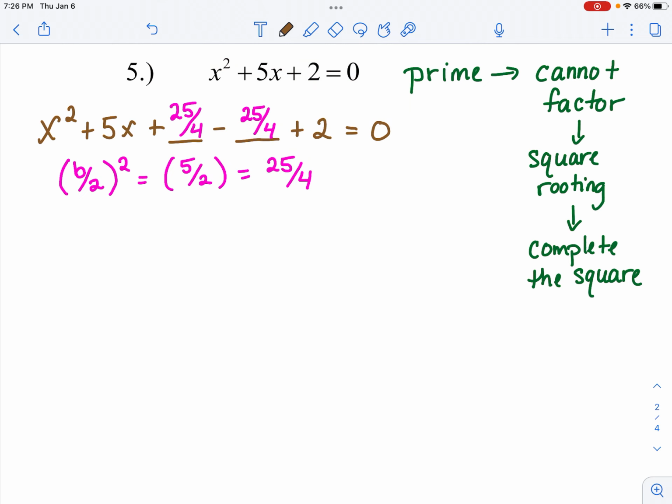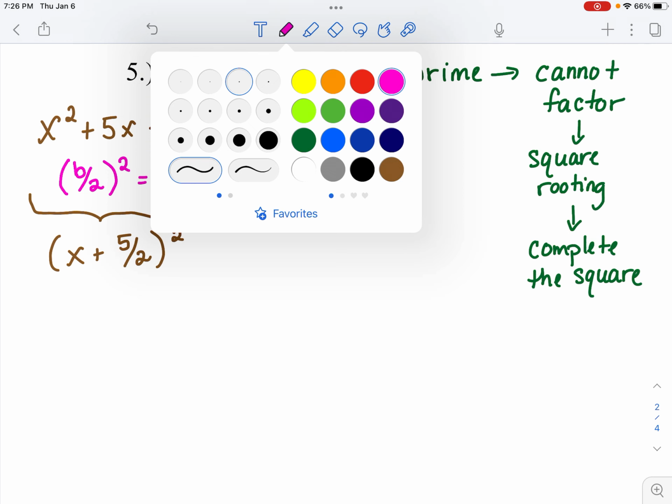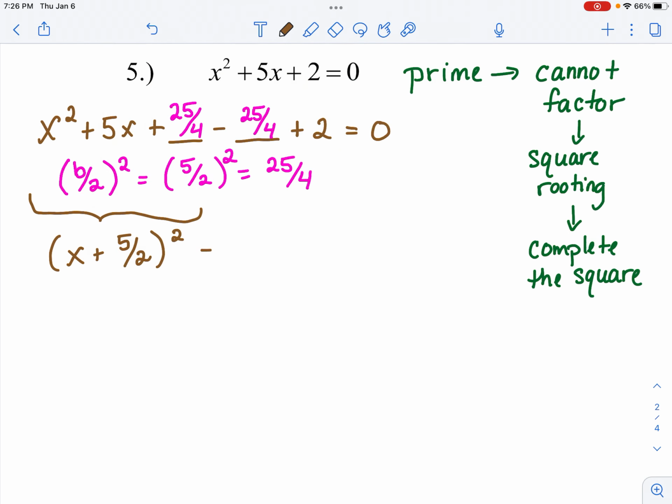All right, so now we're going to factor the first 3 terms down to x plus b over 2, 5 over 2 squared. Okay, and I just noticed, some of you might have noticed too, I forgot the square there. Sorry about that. All right, and now, to continue on, I have minus 25 over 4, and I've got a plus 2.